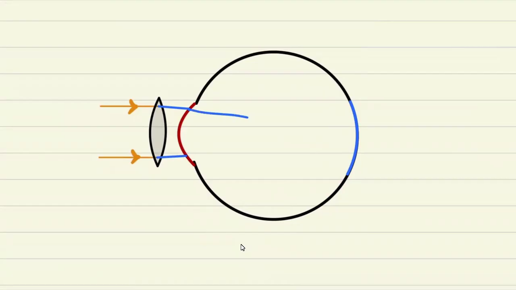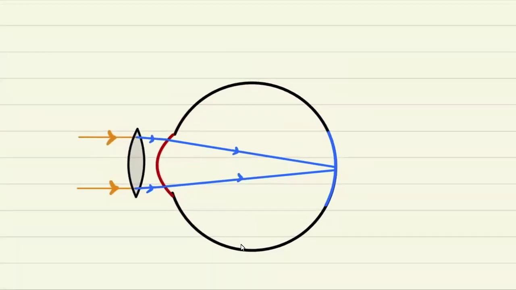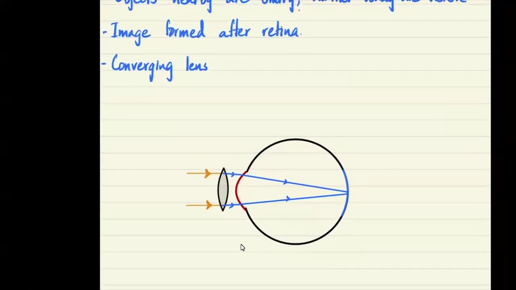Like this, and then the light rays will bring them together in such a way, like this. All right. Again, my drawing is probably not the best right now, but this is the idea. So bending occurs here as well as here to make the rays again meet at the retina. So that's the idea here.